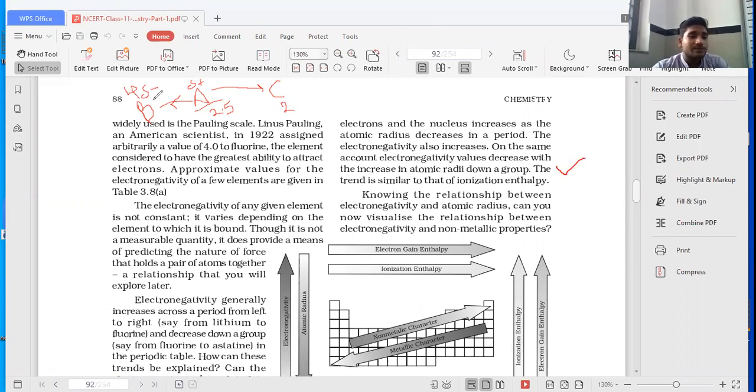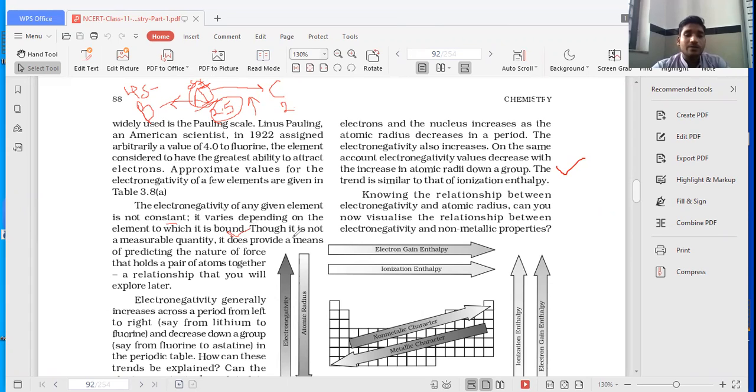But as soon as B, an electronegativity 4 element, is attached to element A, and A gets a partial positive charge, its electronegativity will be increased. Electronegativity of element A will be increased. Why? Because it has a positive charge. Now it has affinity for the negative charge, that is electron. Clear? So electronegativity is not a fixed value. It is not a constant value. It varies depending upon the element to which the atom is bonded.